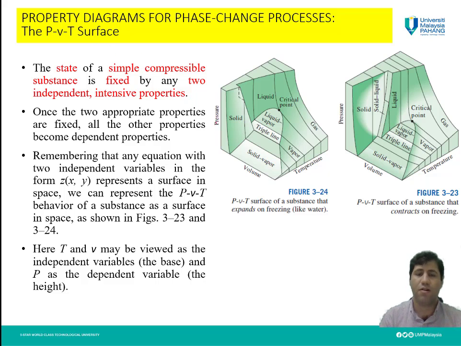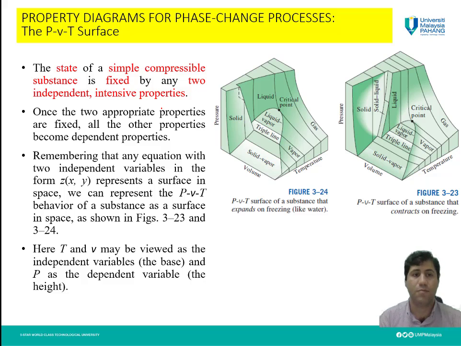As you can see here, we can show these phase change processes in a 3D diagram, with pressure, volume, and temperature as different coordinates, like what we have for X, Y, Z.